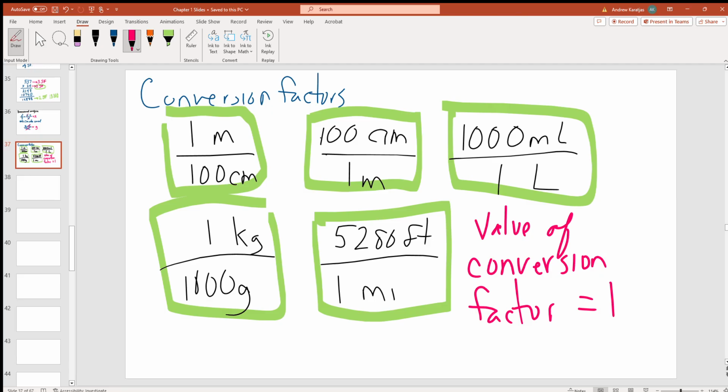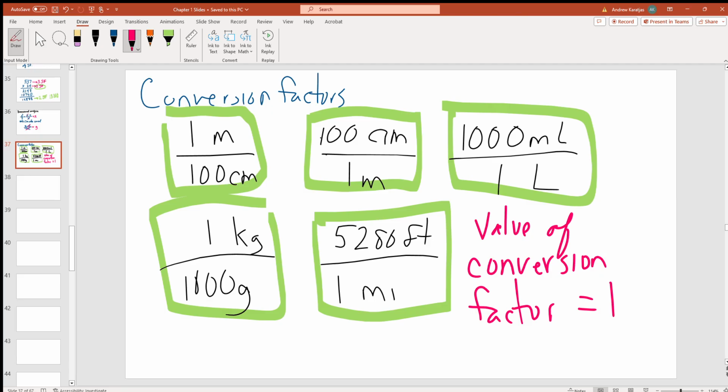So if we multiply by that conversion factor, it is the same thing as multiplying by 1. In addition, these conversion factors don't have an impact on our significant figures, especially in the case of the metric conversion factors, but any conversion factor. We just assume that these are exact values and therefore they don't affect significant figures.